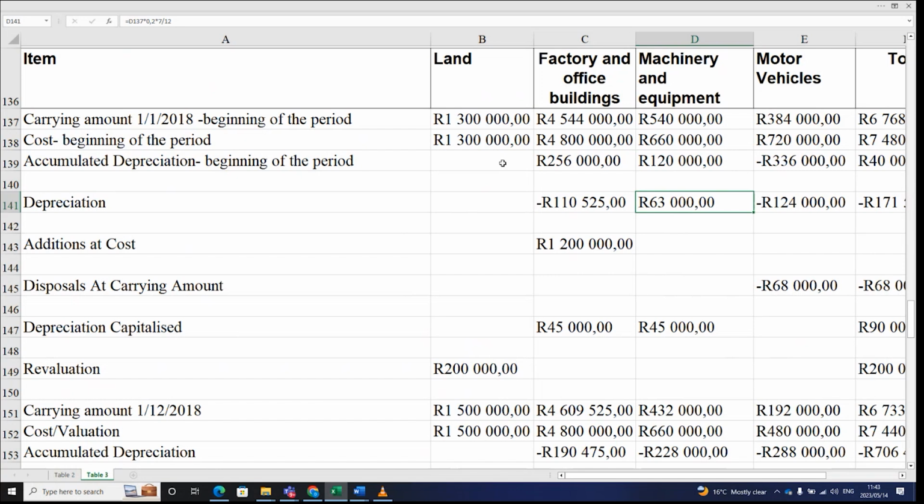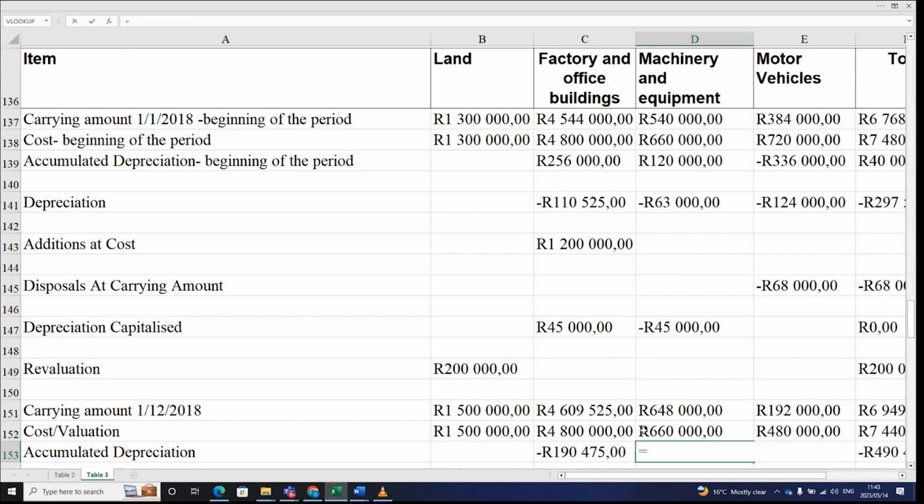Let me maybe just fix the signs for consistency. Although this depreciation is capitalized, remember it's added to the cost of the building that was constructed. Over here my cost has stayed the same.